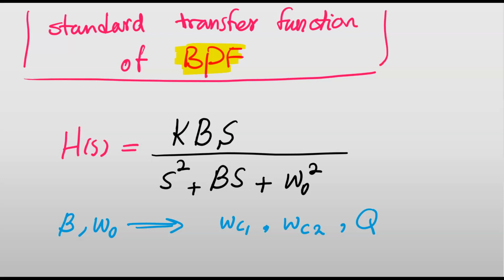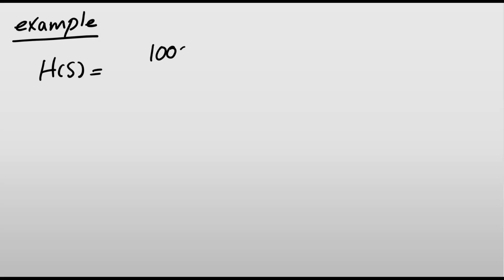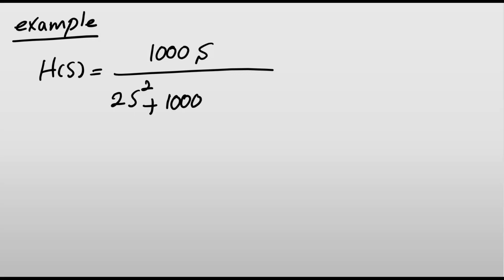Let's do a quick example here. Let's assume that I have a filter, and I know that the transfer function of this filter is equal to 1000 s divided by 2s squared plus 1000 s plus 8 multiplied by 10 to the 6.